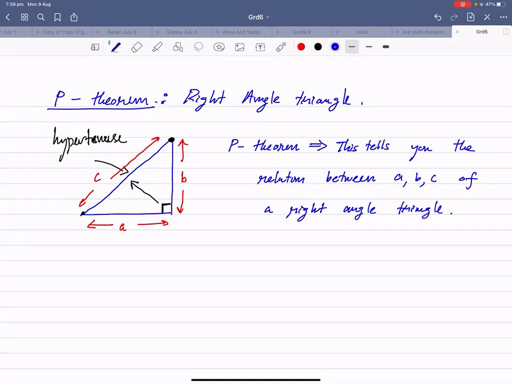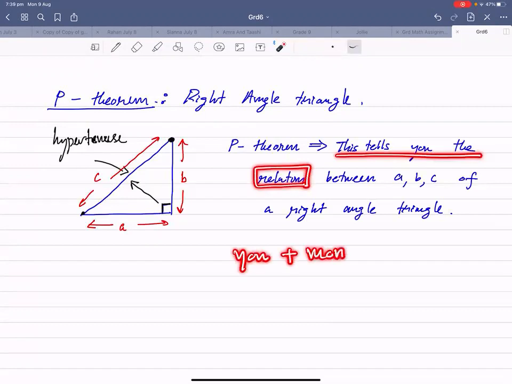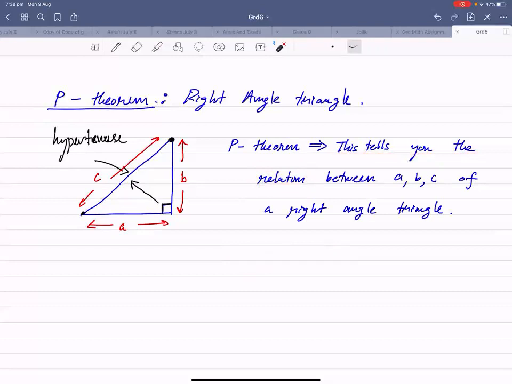Now you can see I'm writing this, retrieving from my brain. And whatever I am putting here, I hope you will deposit in your brain. Relation means, like you and your mom have a relation, a connection. Relation means connection between A, B, C of a right angle triangle, yes.